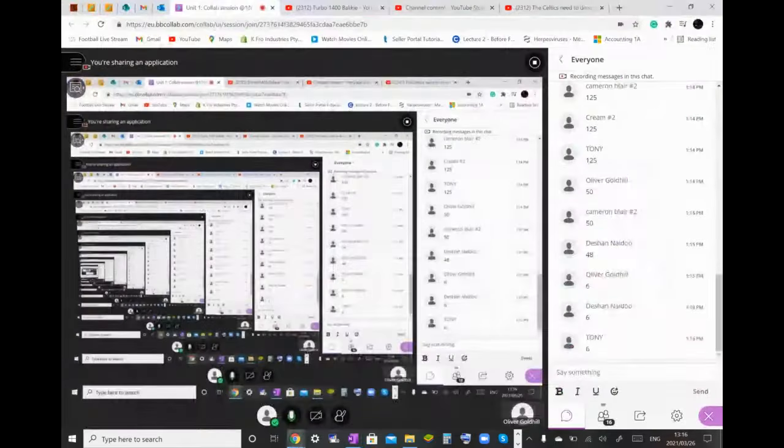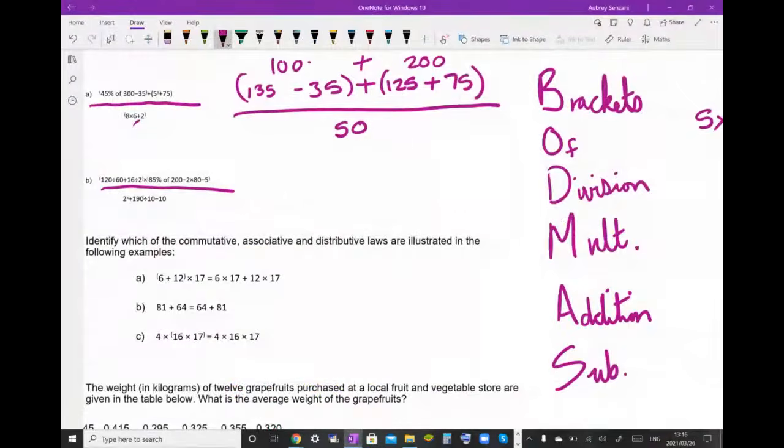We get 6. Thank you very much. So the final answer there is equal to 6. We worked out that one. We can then move on to the next one there.